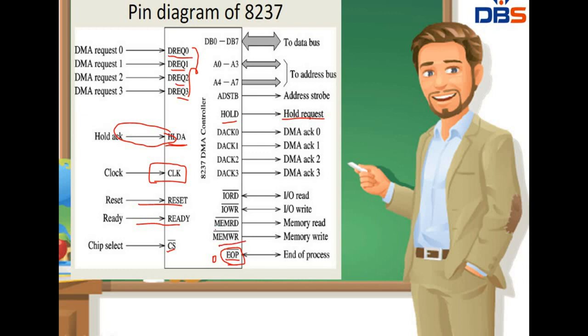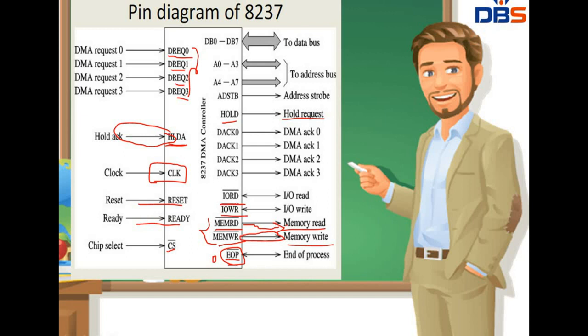Memory write and memory read are both active low signals. So whenever we are going to read or write the data from the memory, that means we are transmitting from this DMA, writing the data to the memory, or from here we are reading the data from the memory device.